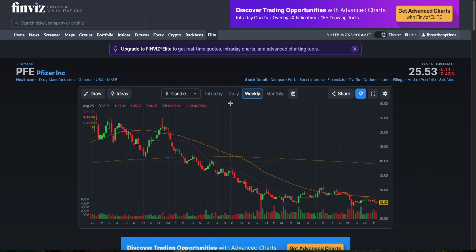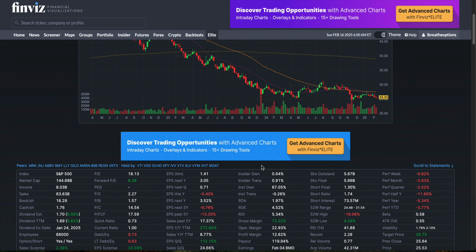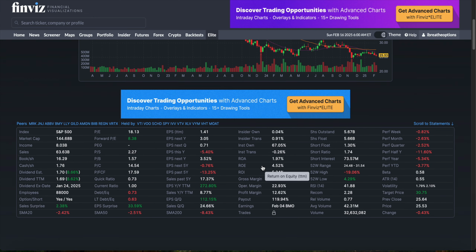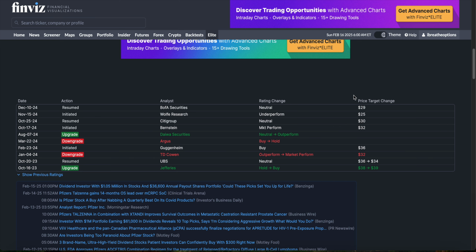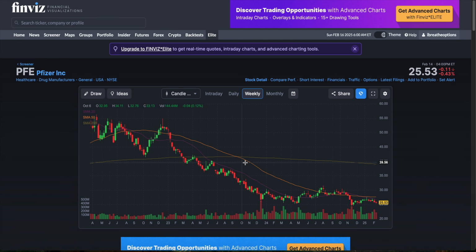Healthcare in terms of ups and downs, right? It's more of a defensive stock. So probably this could be an opportunity to go into. I took a look, the price target change is about 29. So still worth taking a look at Pfizer.